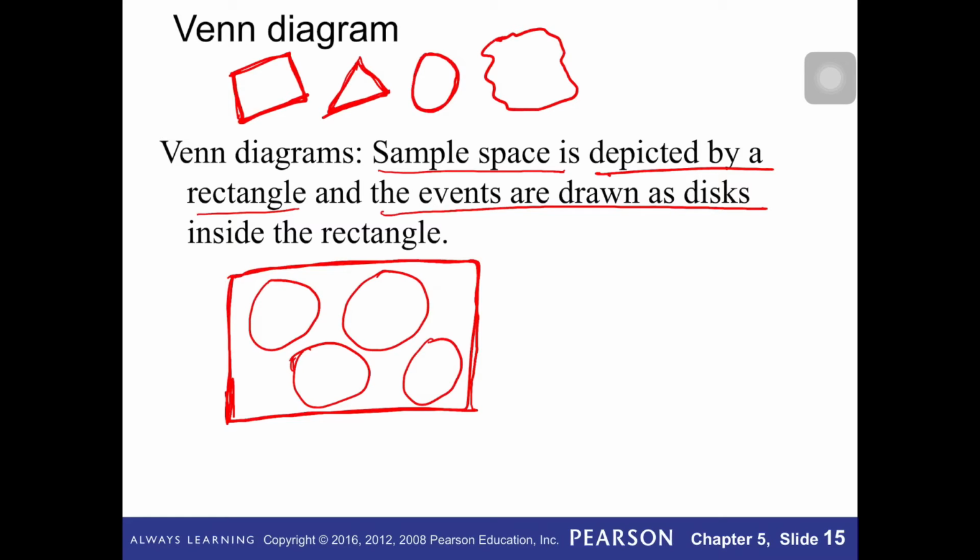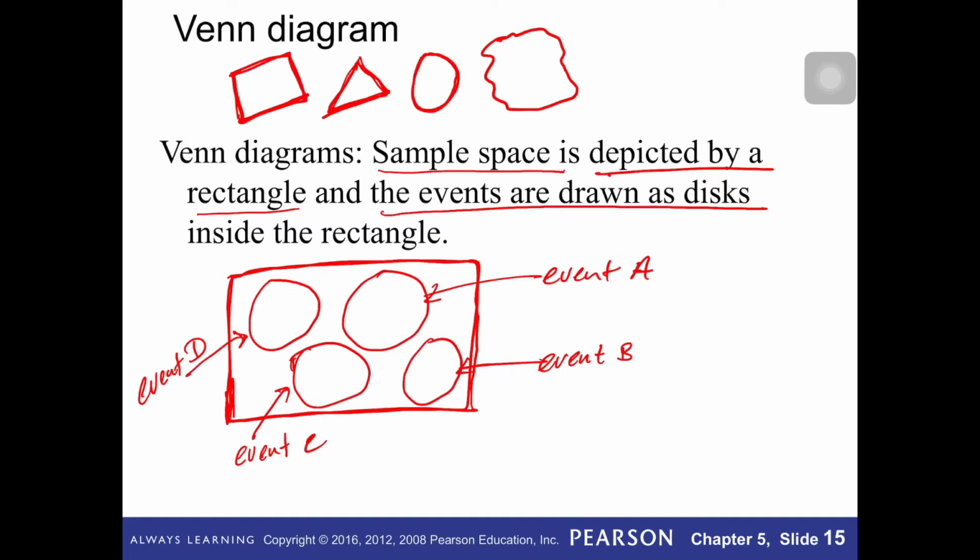This is event A, this guy is event B, this is my event C, this is my event D. Please try to name these events, using an arrow or whatever.